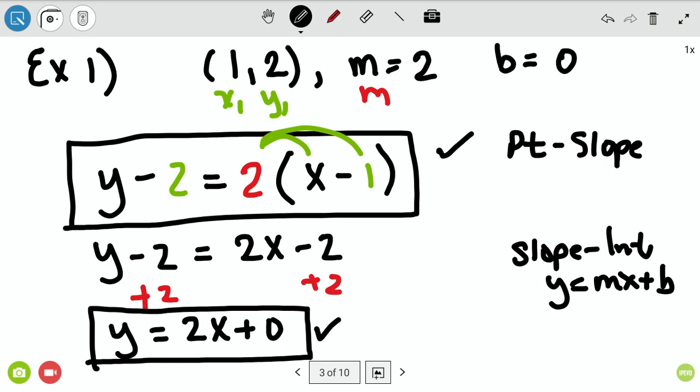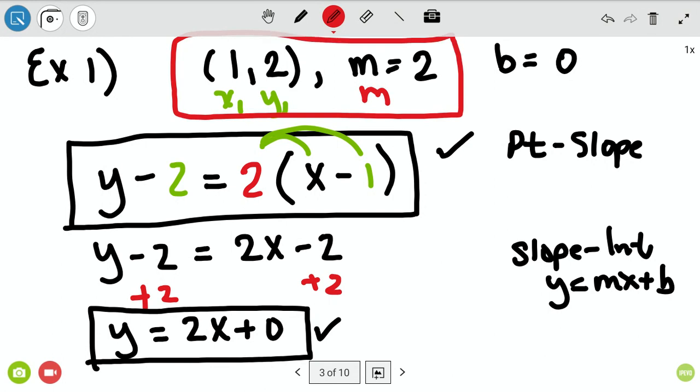we knew point slope form. If you were given a point and a slope, we could use y equals mx plus b and plug in what we know, right? We knew the y was a 2, one of the many points, we knew the m was 2, we knew the x was 1, and we didn't know b.